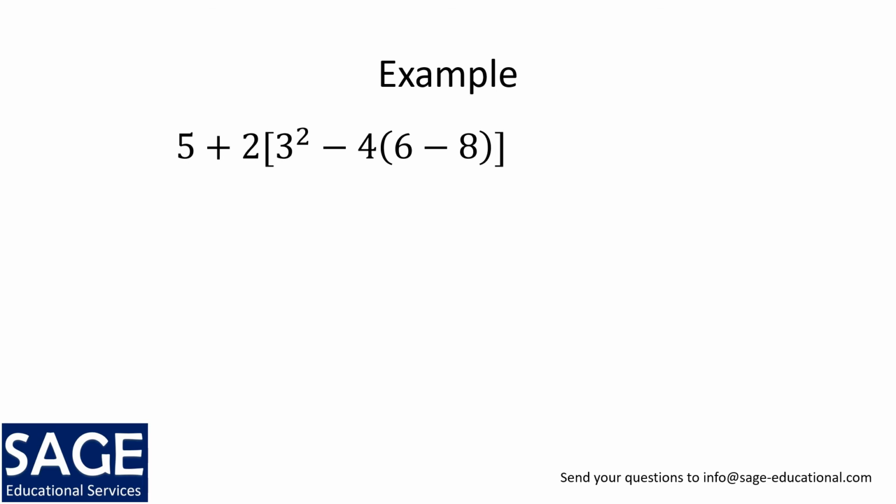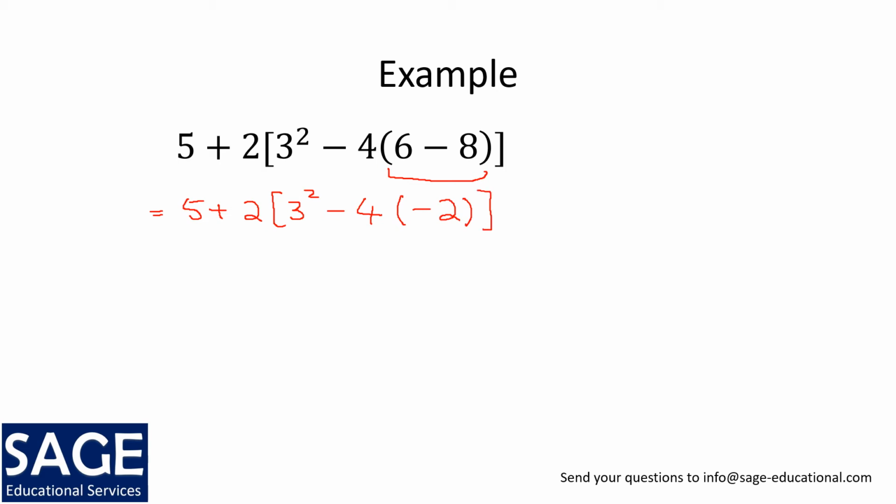Here's another example. Now there are two grouping symbols, one nested within the other. So the first thing that I need to start off with is this inner parentheses. I will just copy the rest of the problem as it is without changing anything. And the only thing that I will simplify in this first step is 6 take away 8, which is negative 2.